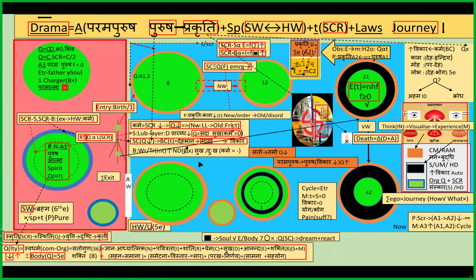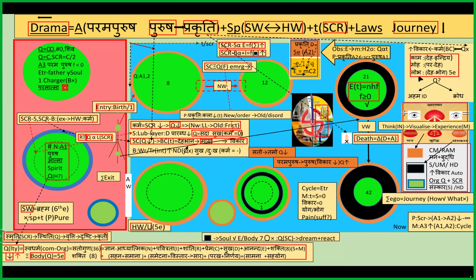So what we do is that from Prakriti, we try to get Q. So from internal Q, we try to get it from the external. This is the arrow. We are trying to get Q from this. So automatically it will become Dehabhan, Indriya, Moh, Lobh, Bhog, meaning the 5 elements.